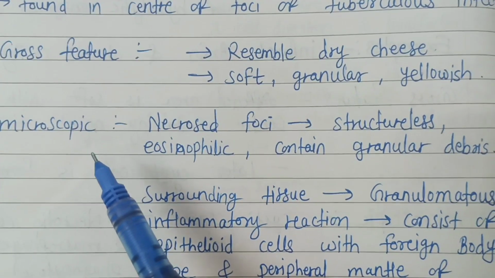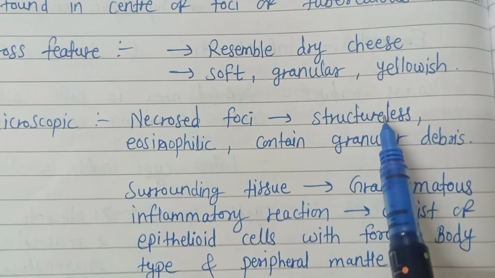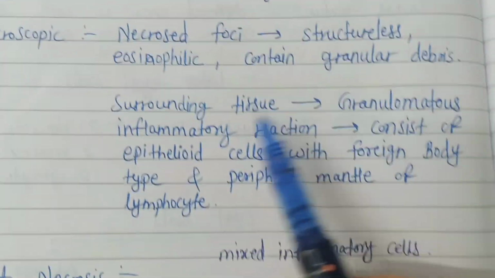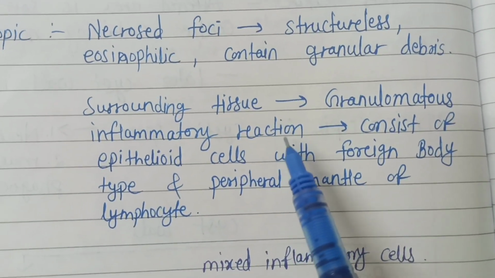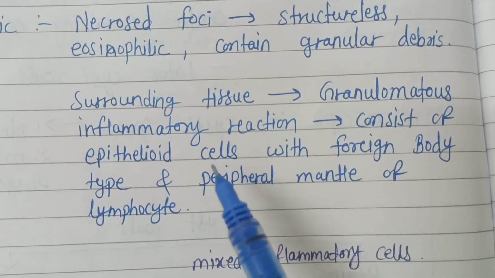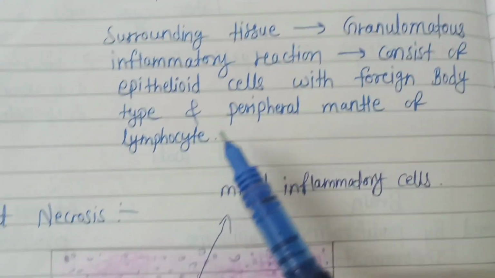Then what are the microscopic features? The necrosed focus is structureless, eosinophilic, and contains granular debris. The surrounding tissue is granulomatous. The inflammatory reaction consists of epithelioid cells with foreign body type giant cells and a peripheral mantle of lymphocytes.